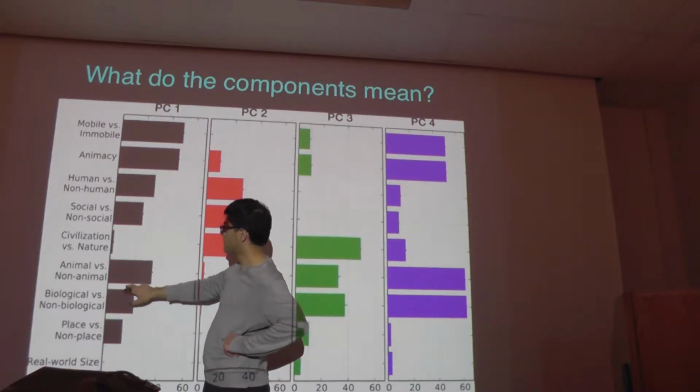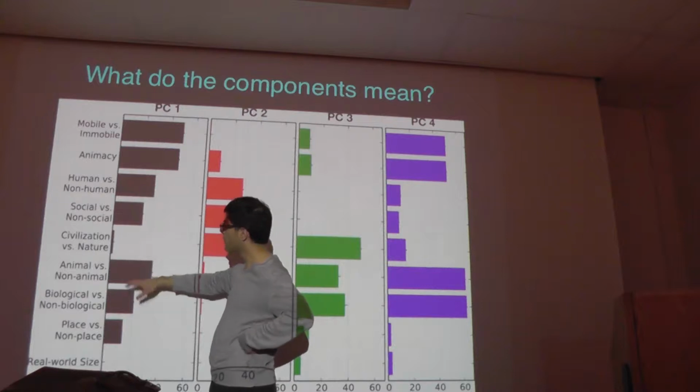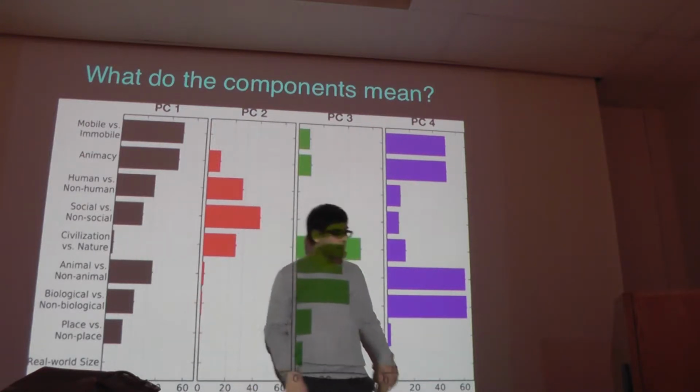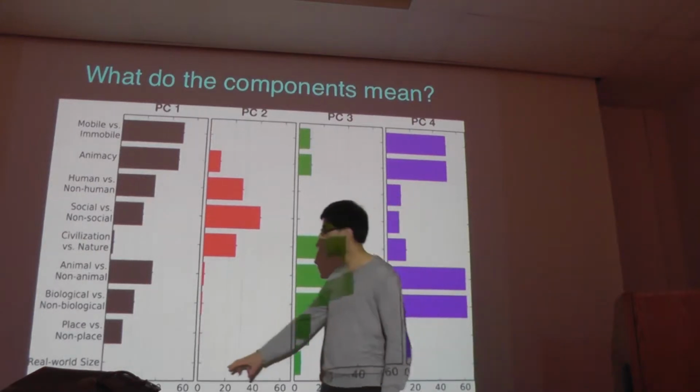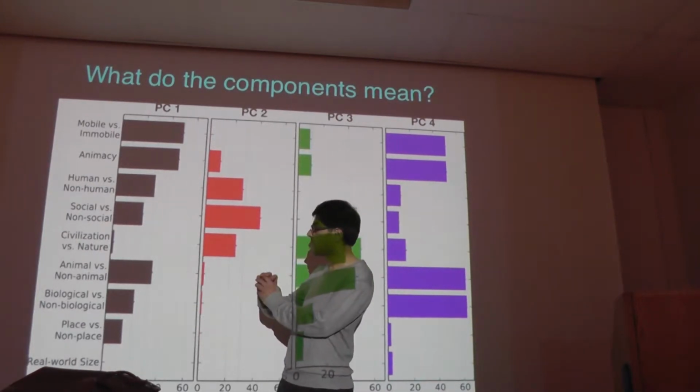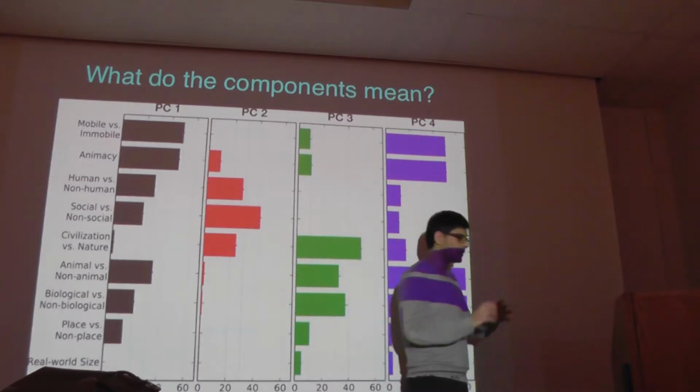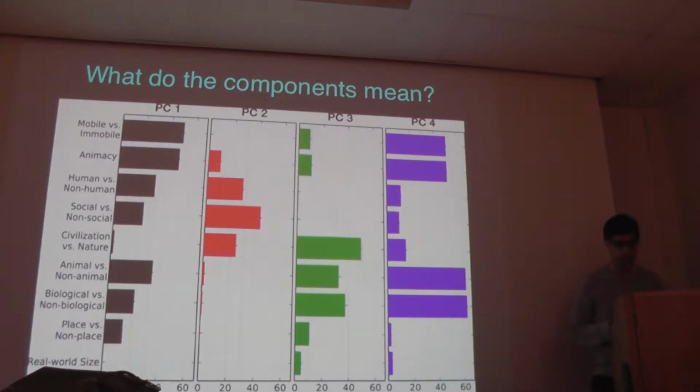Is it an animal versus a non-animal, or biological versus non? A lot of these end up being quite similar. The fact this is the first principal component means this is the biggest thing that jumped out, the thing that explained the most variance in the data.